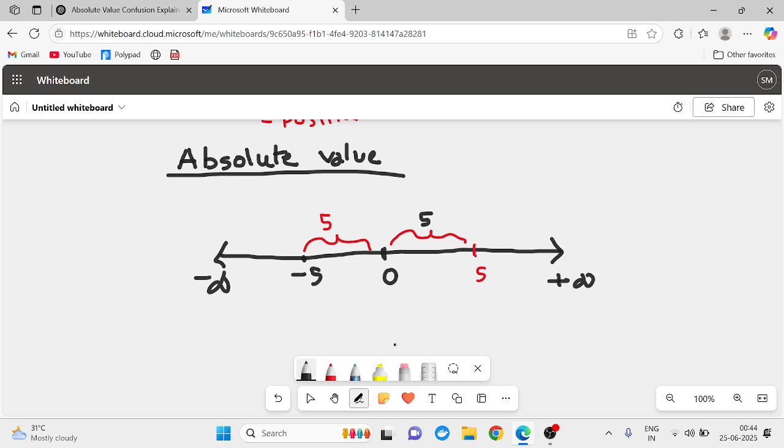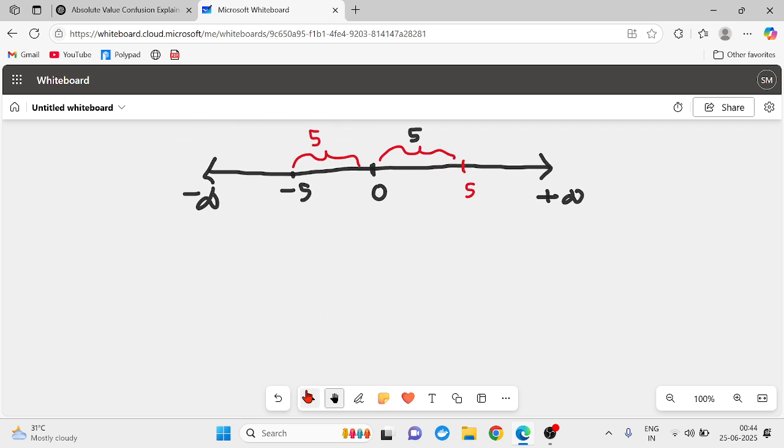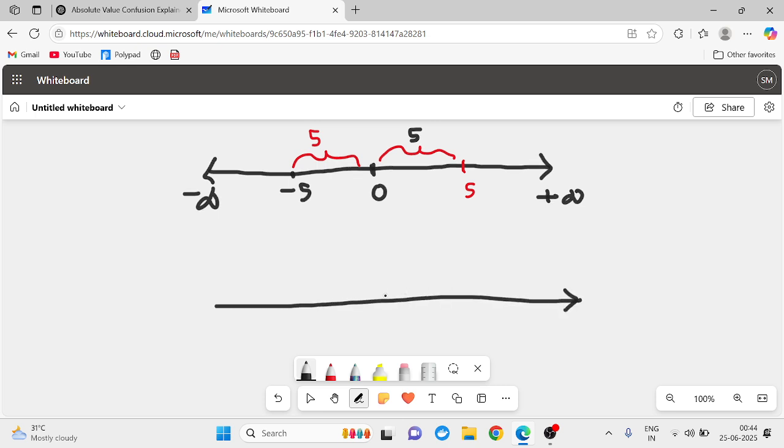So if I take this part, look at it. Now, suppose I take 0. At a distance x, this point will be x comma 0 if x is positive. If x is positive, this will be x comma 0, isn't it? So the distance is x, fine.